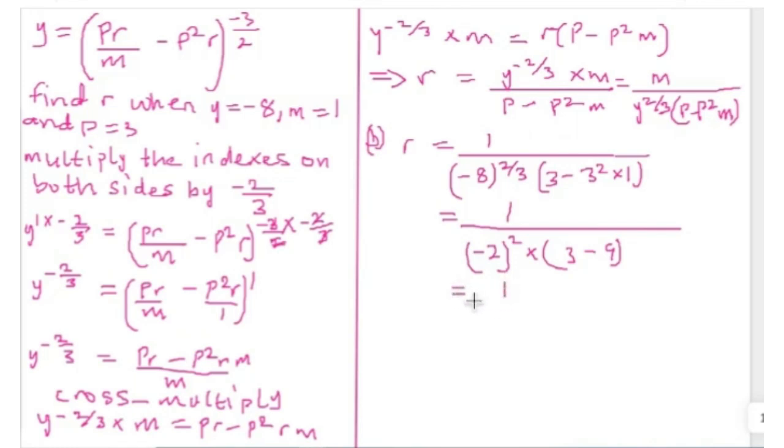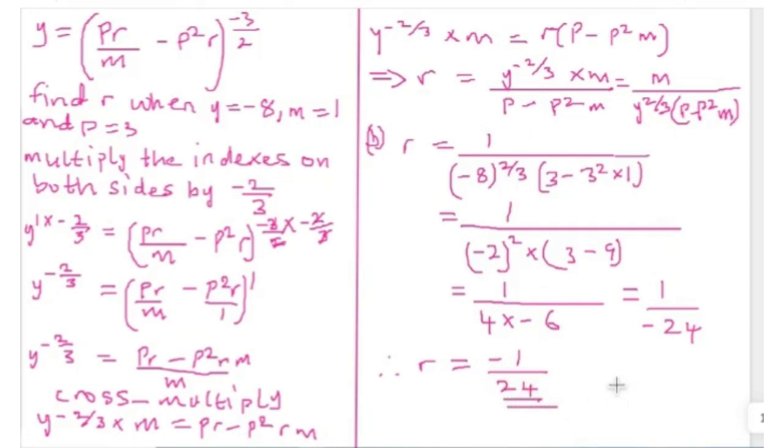Okay, so we have 1 over (−2) squared is 4, that gives us 4 times (3 minus 9) is −6. So this gives us 1 over −24. Therefore, we see that r is −1/24.